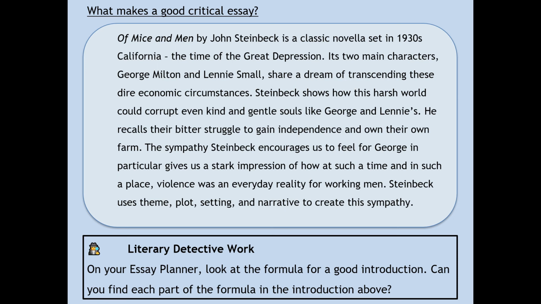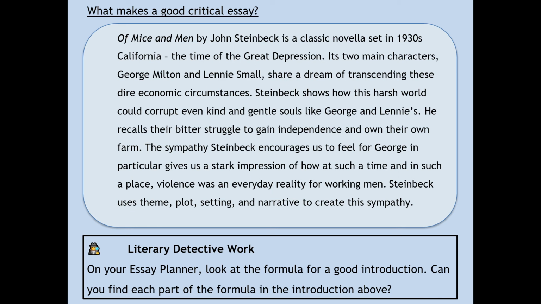Of Mice and Men by John Steinbeck is a classic novella set in 1930s California, the time of the Great Depression. Its two main characters, George Milton and Lenny Small, share a dream of transcending these dire economic circumstances. Steinbeck shows how this harsh world could corrupt even kind and gentle souls like George and Lenny.